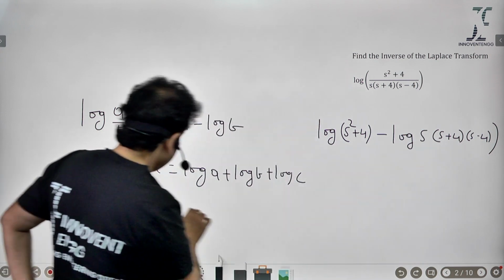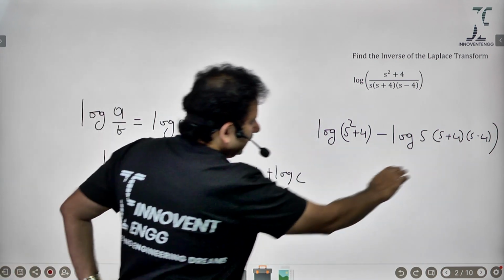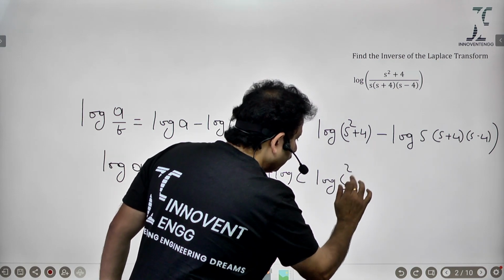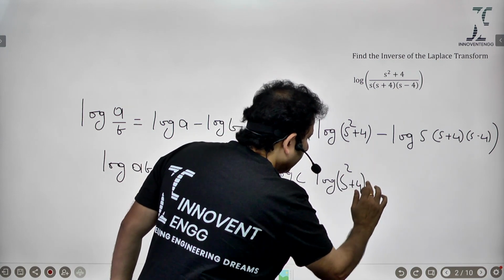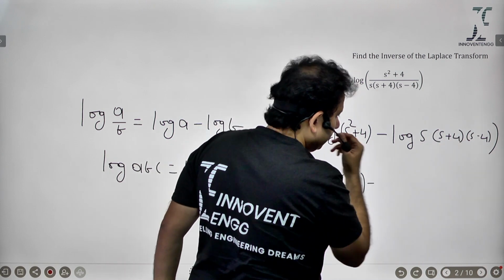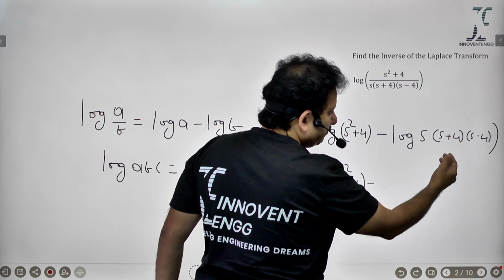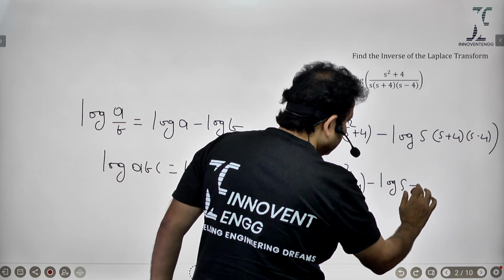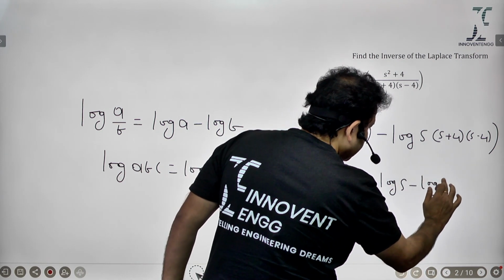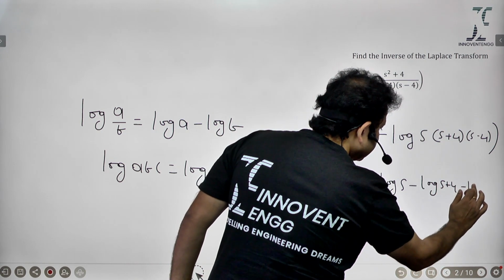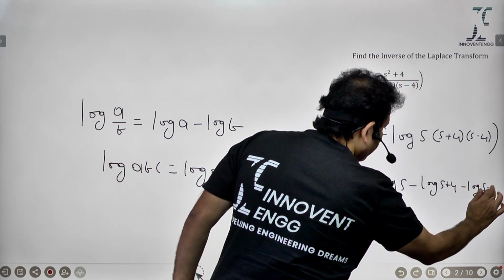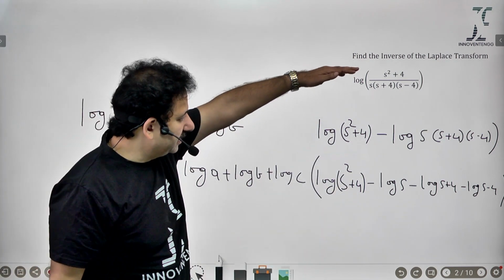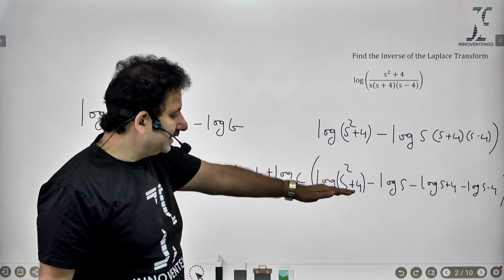Since this has the same form log abc, that's going to be split, and that is going to be expressed as log of s square plus 4 and minus, since it can be sum of log of s, log of s plus 4, log of s minus 4, this is going to be minus log s minus log of s plus 4 and minus log of s minus 4, right? So that this expression first simplified to this and then to this.